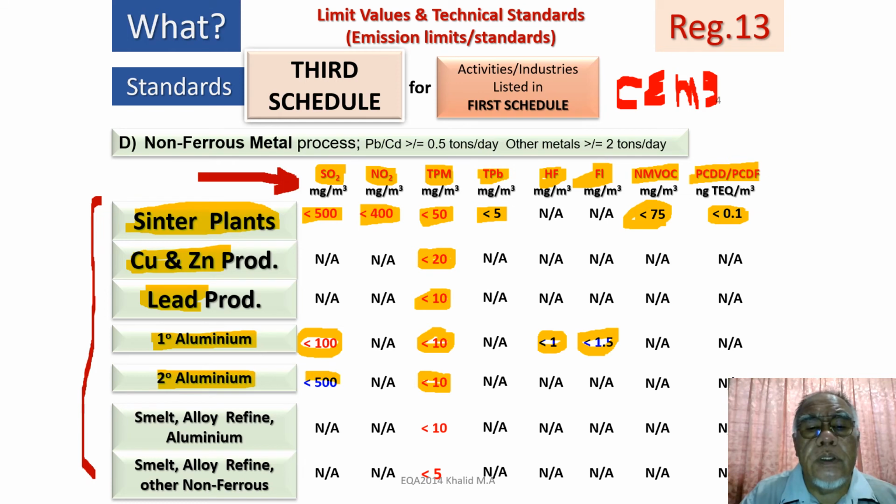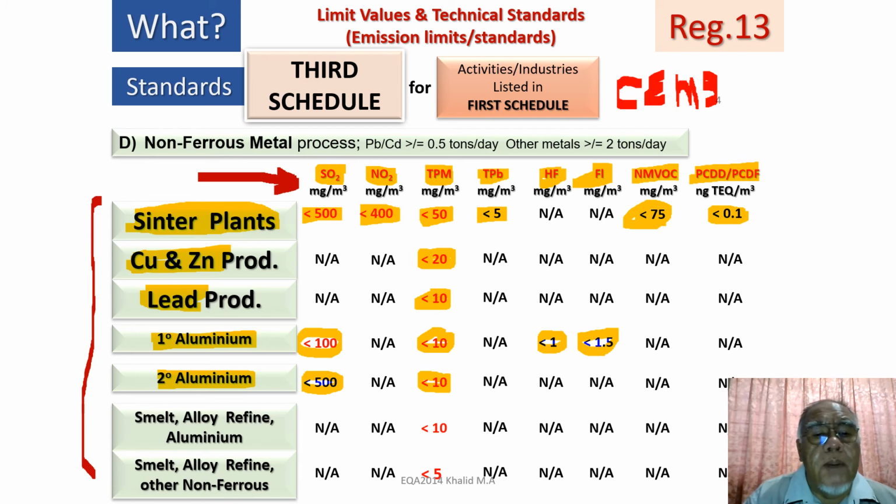They can do this by using the normal isokinetic stack sampling once a year only. Got it? The rest of the parameters for these industries are not applicable, except for sinter plants. You could see more concern as far as the number of environmental parameters stipulated for them.